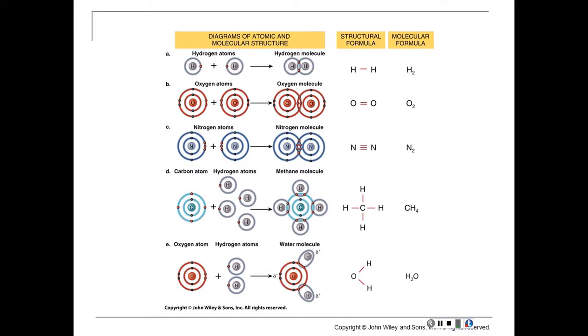Every hydrogen atom has 2 outer electrons, so that molecule is nice and happy. Here we see a water molecule, our H2O, our 2 hydrogens are sharing their electrons with our valence electrons on our oxygen. Oxygen now has 1, 2, 3, 4, 5, 6, 7, 8 outer electrons as well.